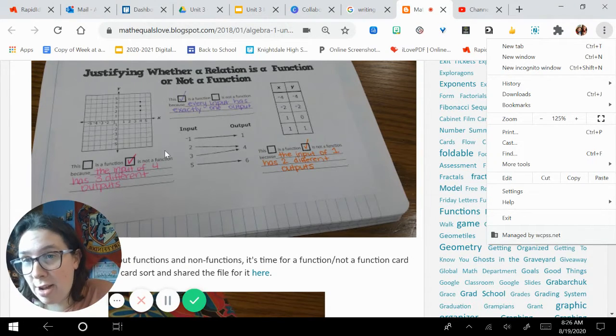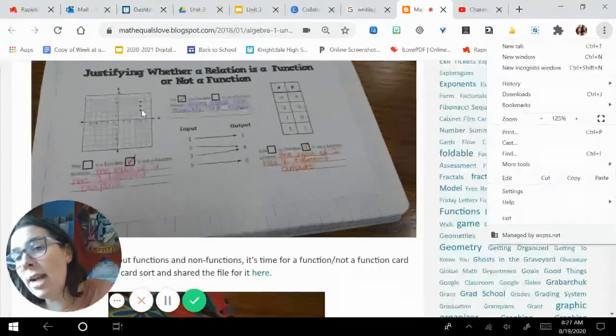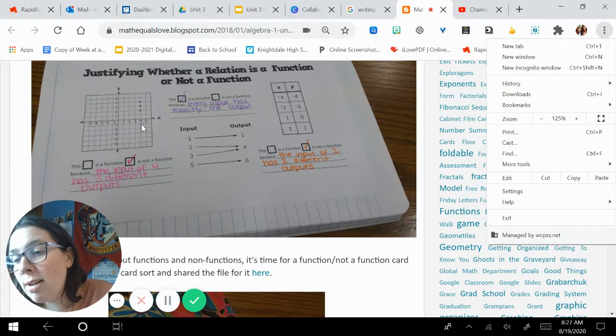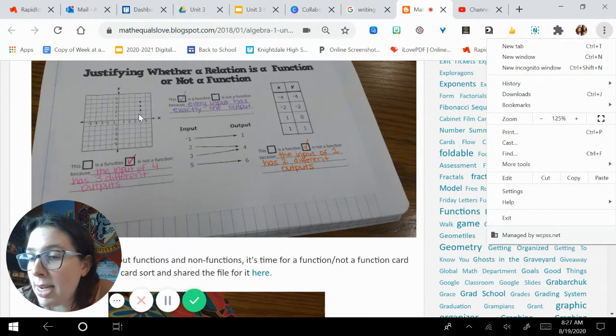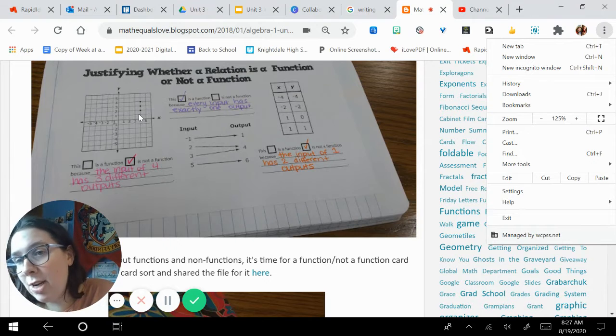Well, it's not a function because look here, the dots are right on top of each other. My coordinates would be (4, 4), (4, 3), and (4, 2). That means the 4 is repeating, so therefore it is not a function. Also, I could draw a vertical line and it goes through all 3 points. So the input of 4 has 3 different outputs. Hence, it's not a function.